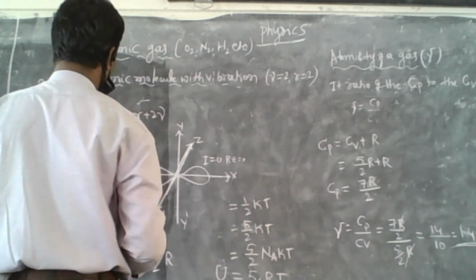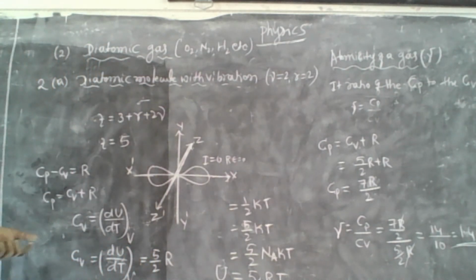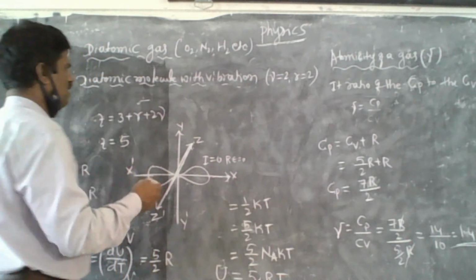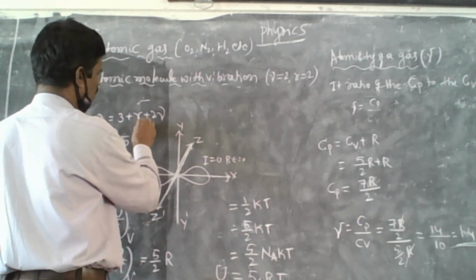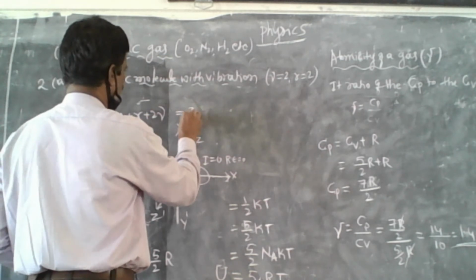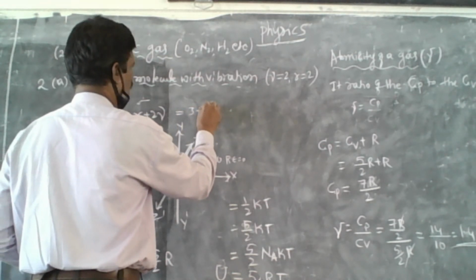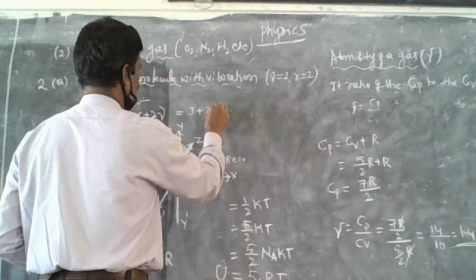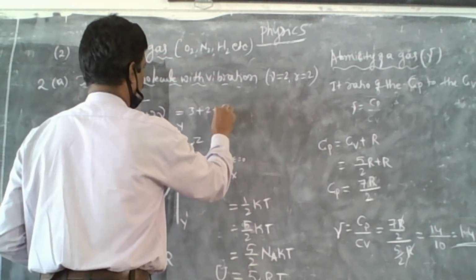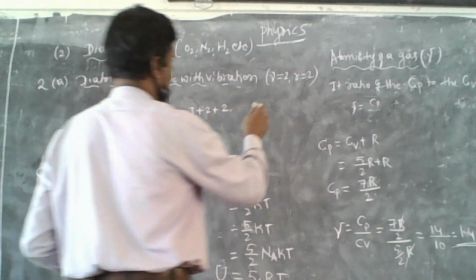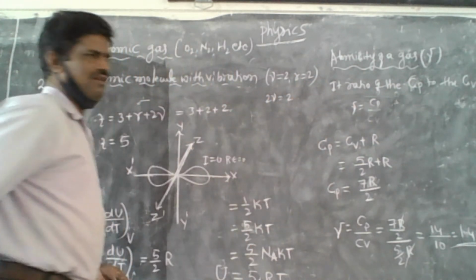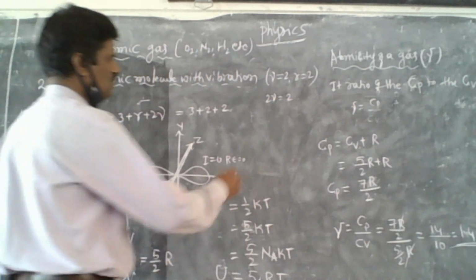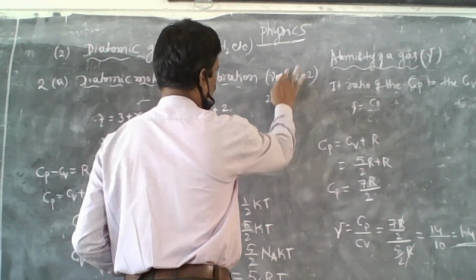Therefore, the total degrees of freedom for a diatomic molecule having vibration is F equals 3 plus R plus 2 nu, that is 3 plus 2 plus 2 nu. Here total 2 nu is equal to 2, otherwise it becomes wrong. So here nu equals 1.